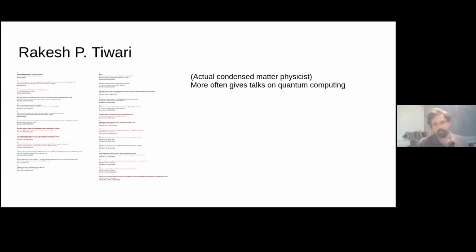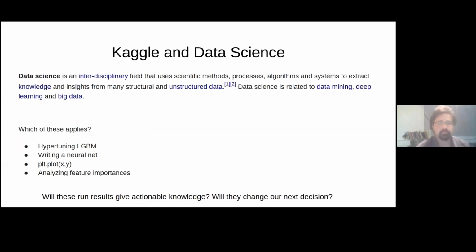So a strong familiarity with pandas and Python. Some people use R. We focused on pandas and Python. So we were about at the same level in coding ability when we started. This is his publication list. So Rakesh is a physicist, and we've known each other for a long time, which was very important to work together.